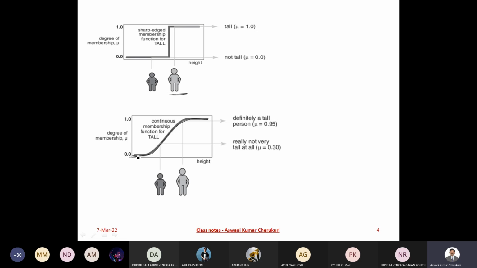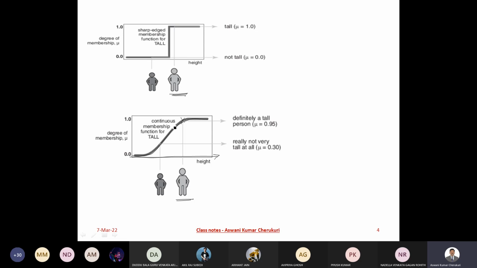So when you are keeping the height on the x-axis, for this particular person whose height is at a particular value, we are not simply saying tall, not tall. We are saying that he belongs to the tall fuzzy set with a particular membership value.